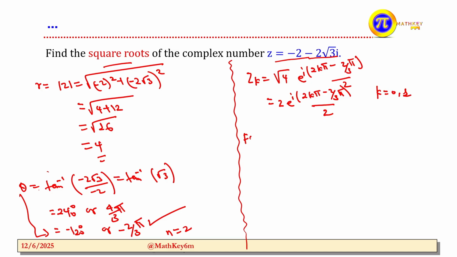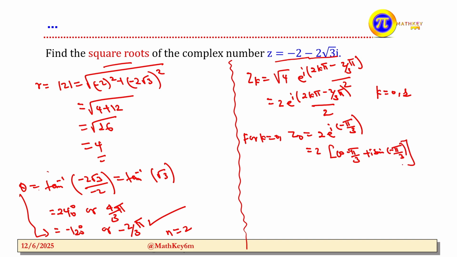For k equal to 0, the value z naught is equal to 2 times e to the power of i times negative 2 pi over 3 over 2, which equals negative pi over 3, which lies at the fourth quadrant, since negative pi over 3 is negative 60 degrees. This is 2 into cos of negative pi over 3 plus i sine of negative pi over 3.